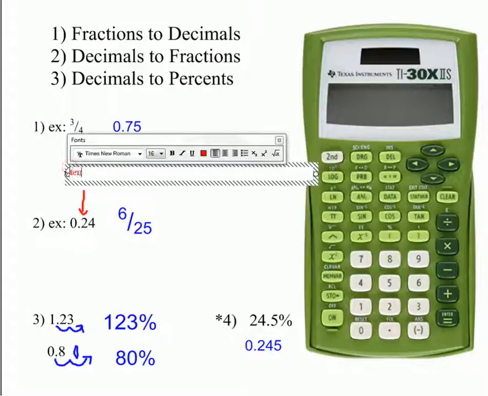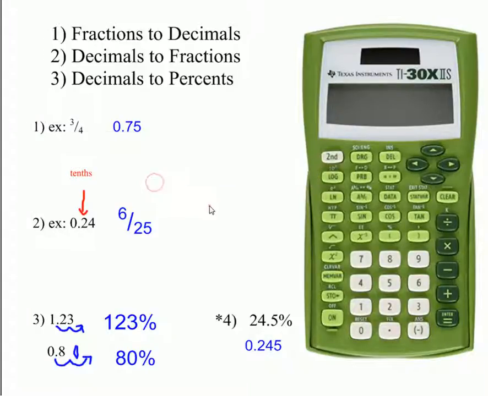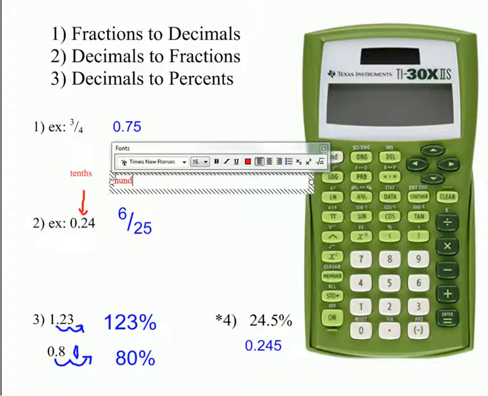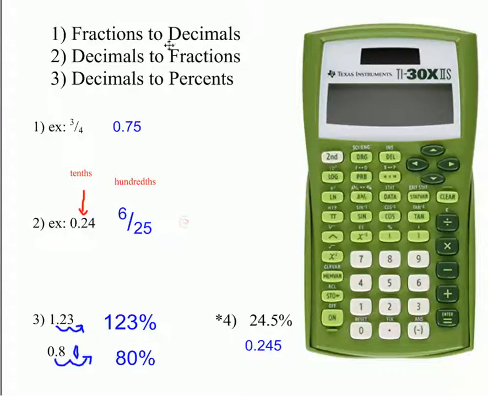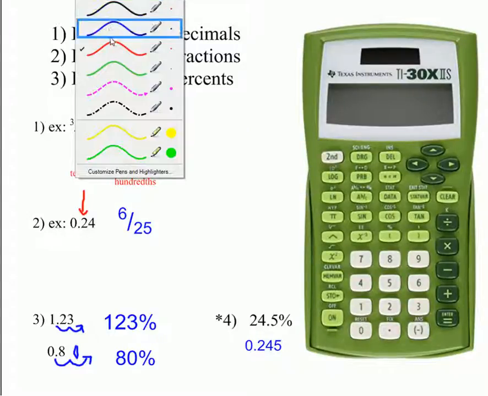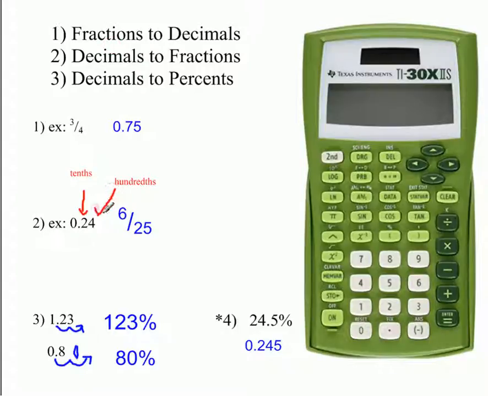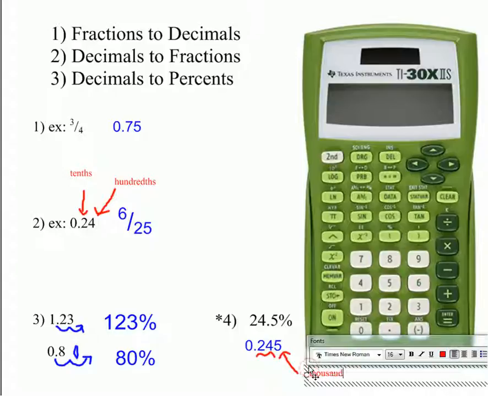This is my tenths place right here. If I go 1 spot over, I have my hundredths place. And in this example, I have my tenths, my hundredths, and then this final one right here, my last one, would be my thousandths place.